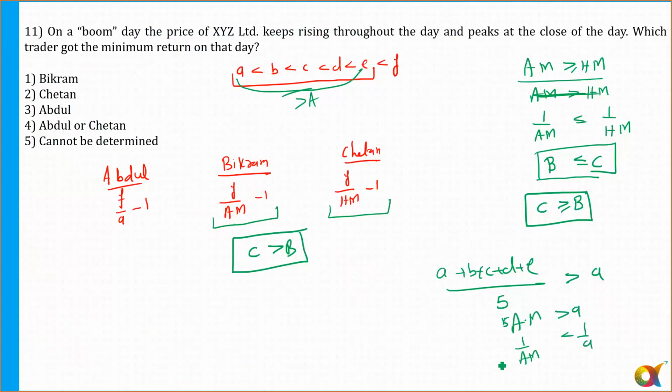So it means the return for Abdul is 1 by A minus 1, and here 1 by AM minus 1, or F by AM minus 1. F is common to all the 3. So can you say the return for Abdul is definitely greater than B also? So A is greater than B as well as C is also greater than B. So which trader got the minimum return on that day? The answer is option number 1, which is Vikram.